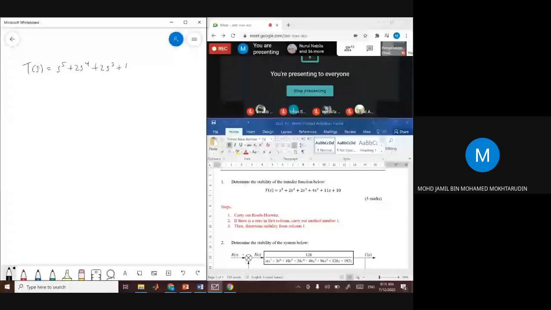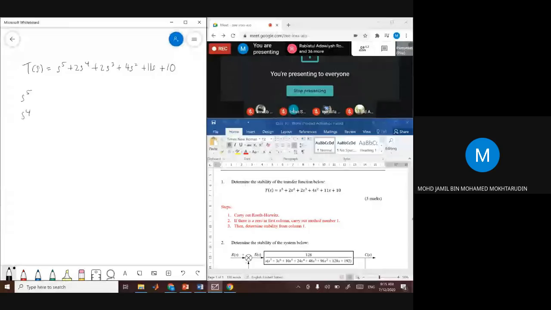So first we do the Routh-Hurwitz table. So we start with S5, then followed by S4, and then we arrange the coefficients alternatingly. So 1, 2, 2, 4, 11, 10.